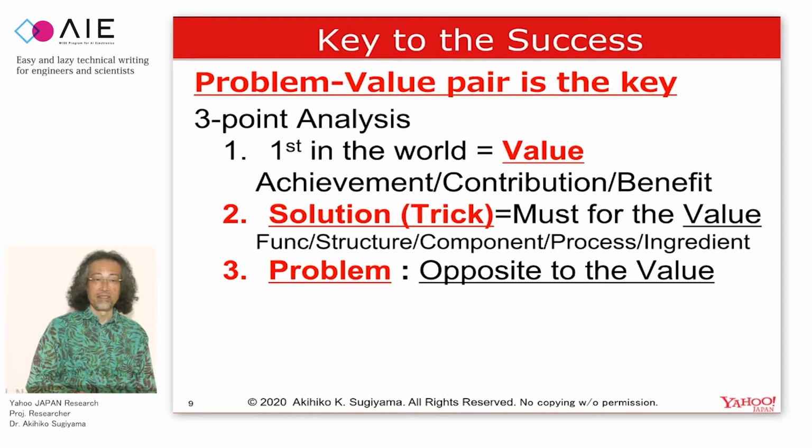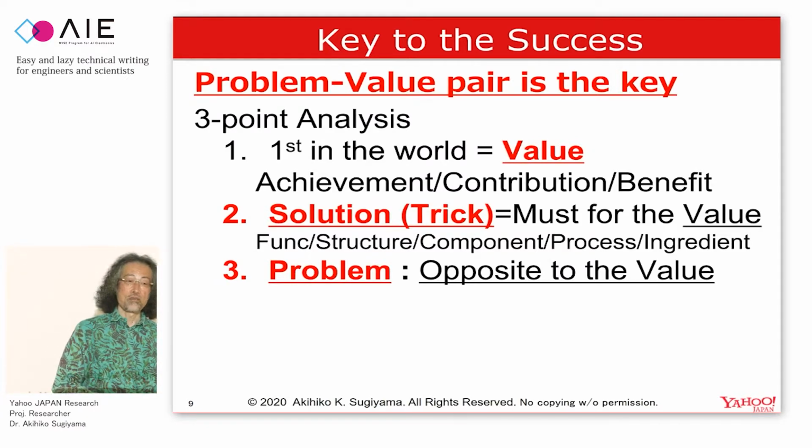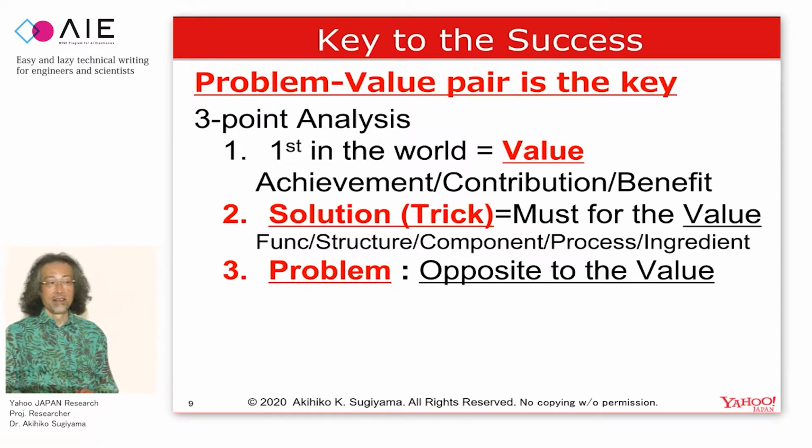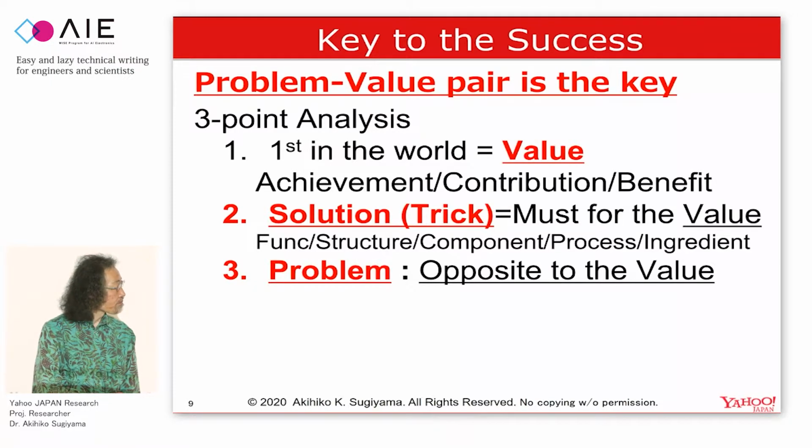Your contribution is the value of your paper. Okay, contribution, achievement, or benefit for the user. As far as you are in engineering, there should be some benefit at least, because that's what engineering is. Number 2, identify a solution, or you may call it a trick.